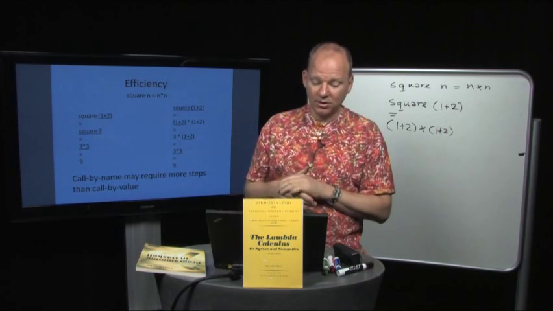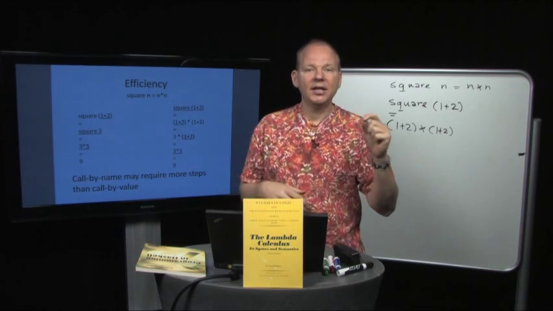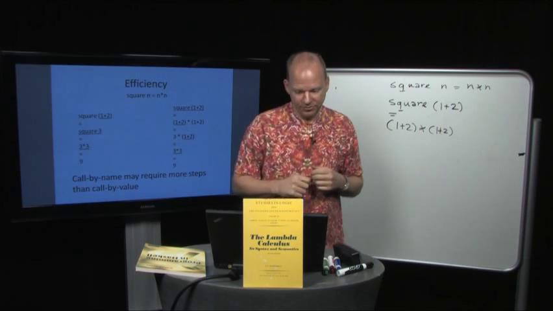So in general, call by name may require more steps than call by value in case that argument is duplicated and used.